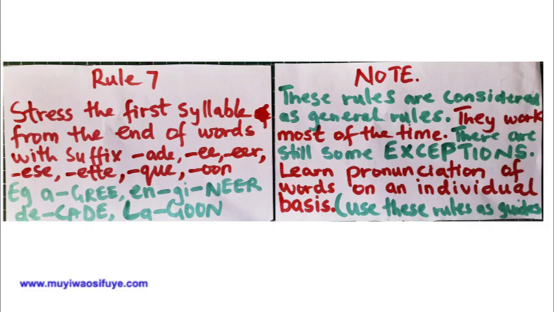Like I said at the beginning of this video, we have rules, but these rules have exceptions. So you have to note that these rules are considered general rules. They work most of the time, but there are still some exceptions. And as students, you have to learn the pronunciation of such words on an individual basis. But most times these rules work.